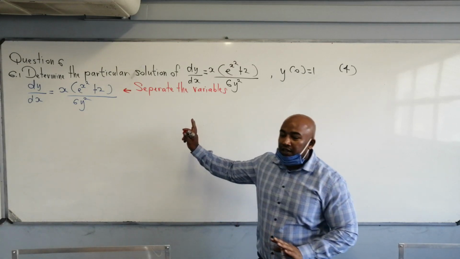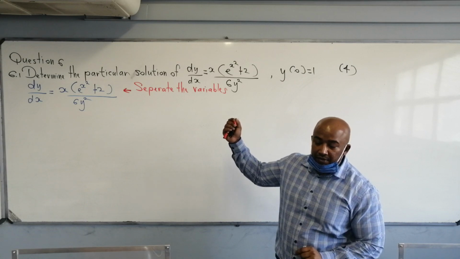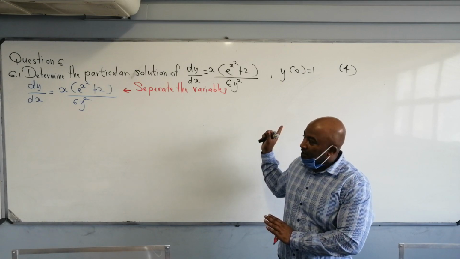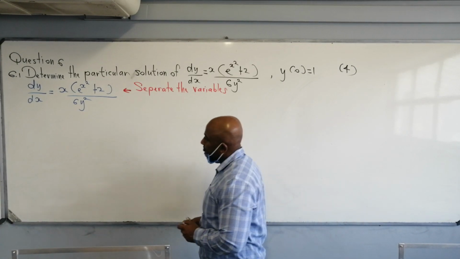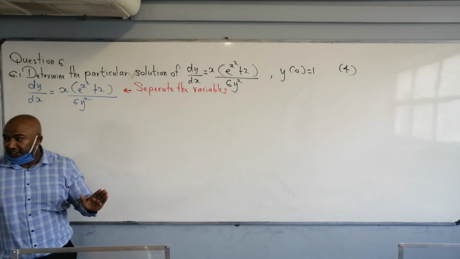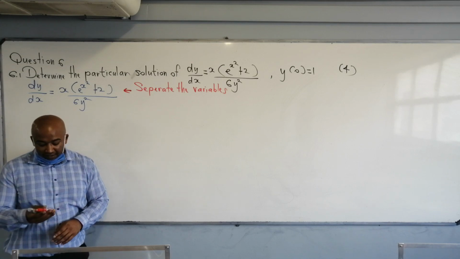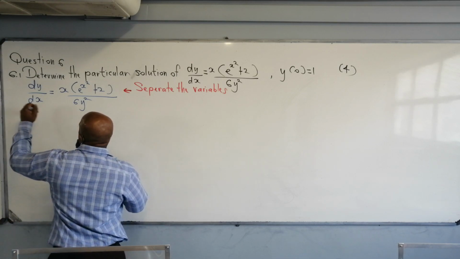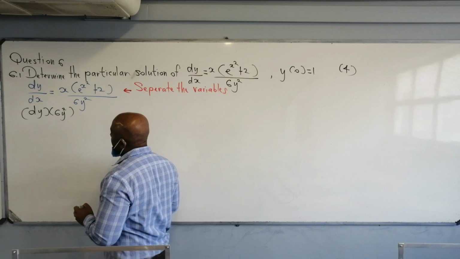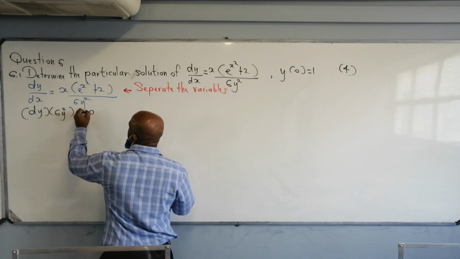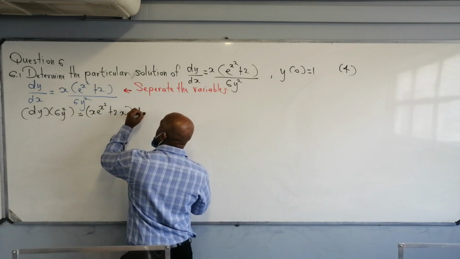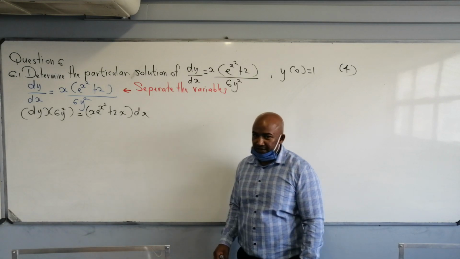Get dy and all the y variable terms on one side, and get your dx and all the x terms on the other side. So what can we do? I've got a fraction on the left, a fraction on the right. I can cross multiply. So if I cross multiply, that will be dy multiplied by 6y squared is equal to x times e to the power x squared plus 2x times dx. You see that?